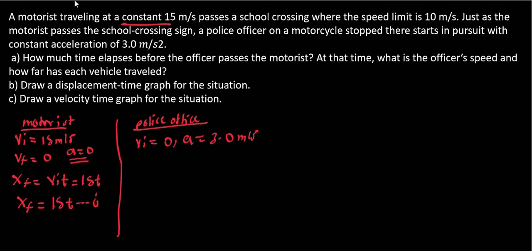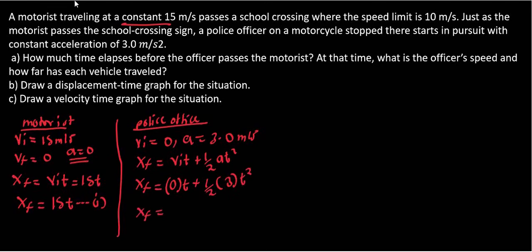That's the first equation. Then the second equation, for the police officer: displacement final equals initial velocity times time plus 1/2 a t squared. So this side will be 0 times time plus, with acceleration 3, 3 t squared. Then half times that becomes 1.5 t squared.